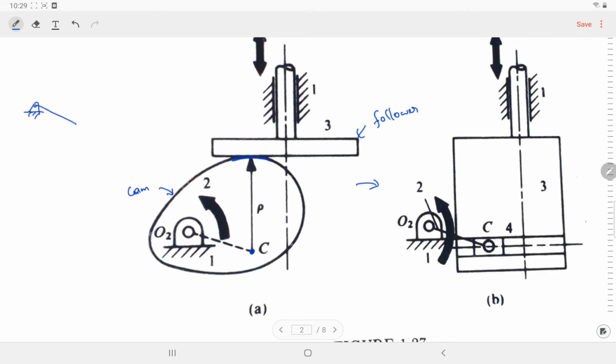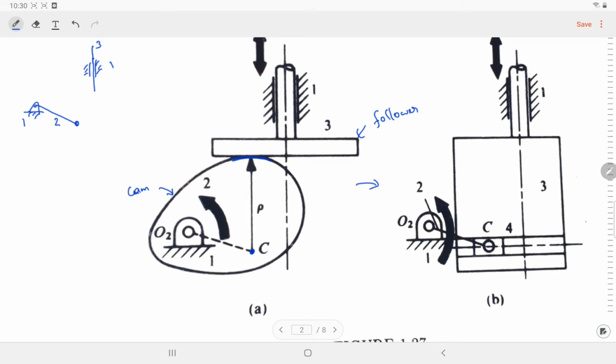I will draw a line, and this is link 1 and that's link 2, and then we also have link 1 and that's link 3. This one is link 3.